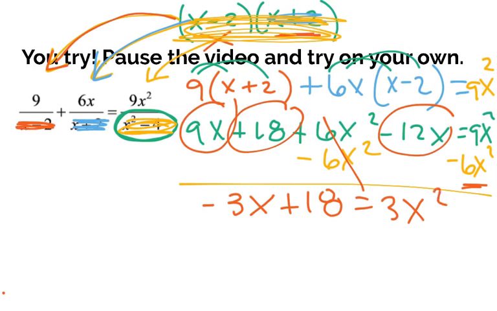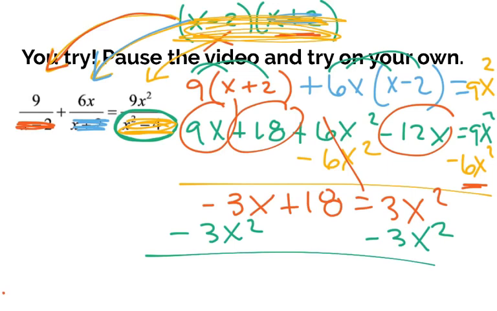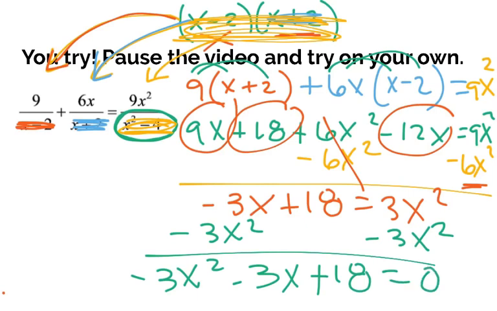And then I know I just moved that over to combine them, but now that they're combined, I'm going to subtract 3x squared just to get everything on one side. So now I have negative 3x squared minus 3x plus 18 equals 0. If I factor that, I can divide everything by negative 3. And pause here if you need to look at anything because I'm going to clear and get some more space.